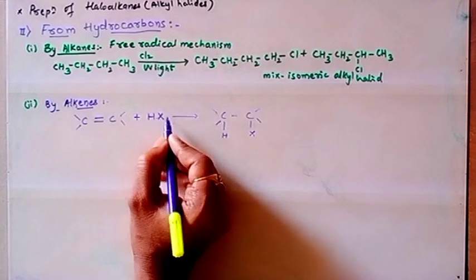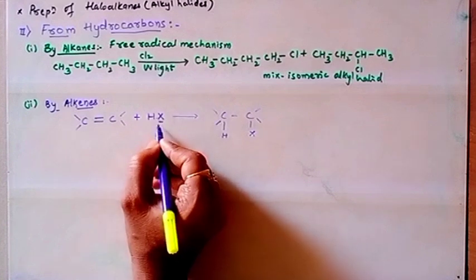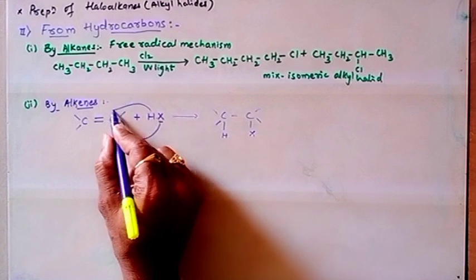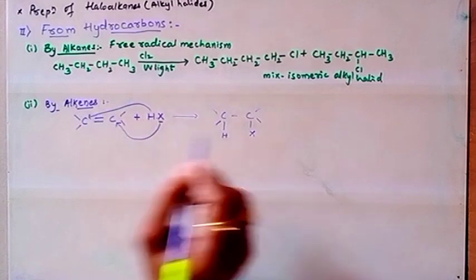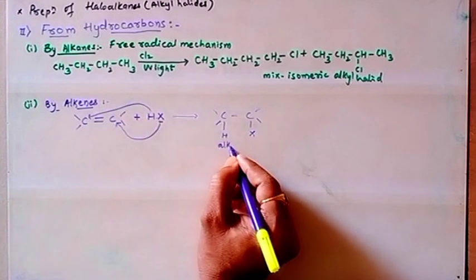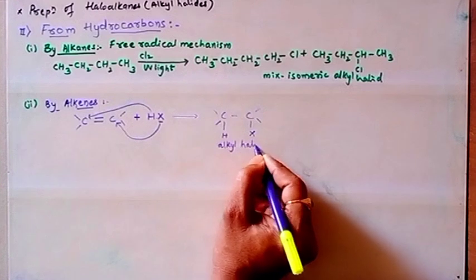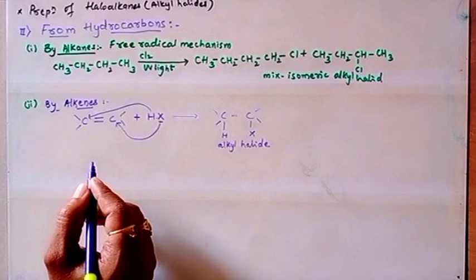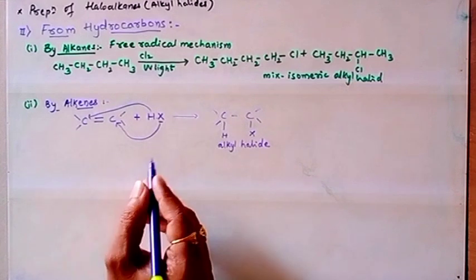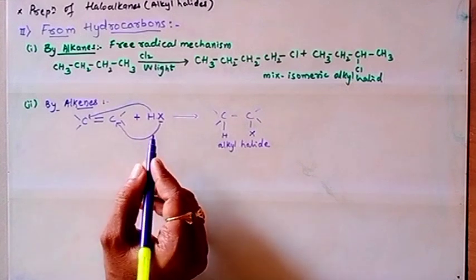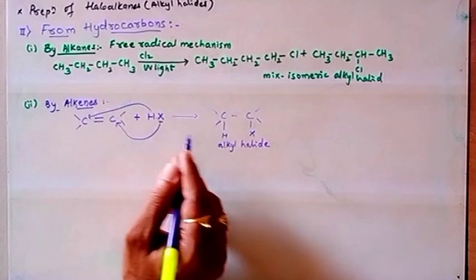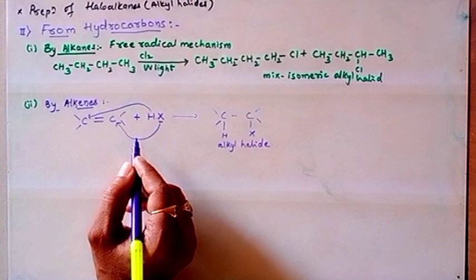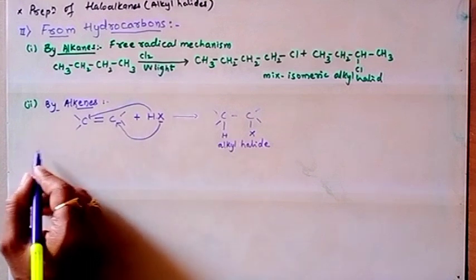One halogen goes to this carbon and one hydrogen goes to this carbon. So this is an alkyl halide. In this addition, the major product is the Markovnikov product.